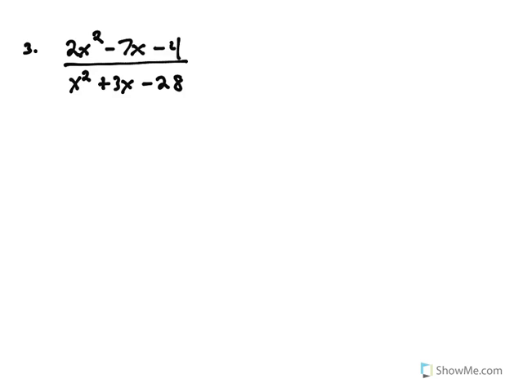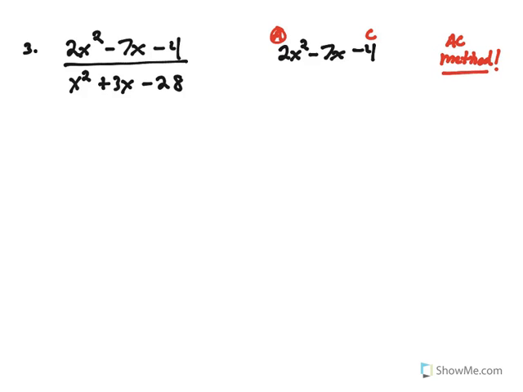Again, we want to look at the top trinomial. The top trinomial doesn't have an a coefficient of 1, it's actually a 2. So what we're going to do is use the AC method, which means this is your a coefficient and this is your c coefficient.